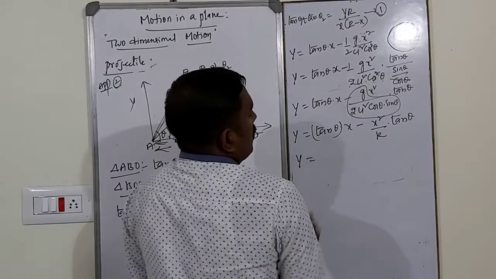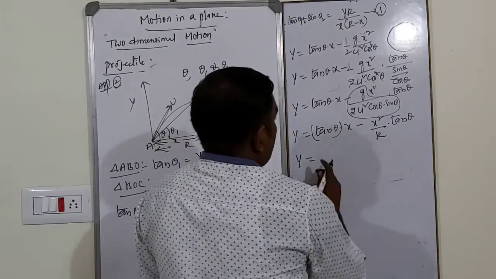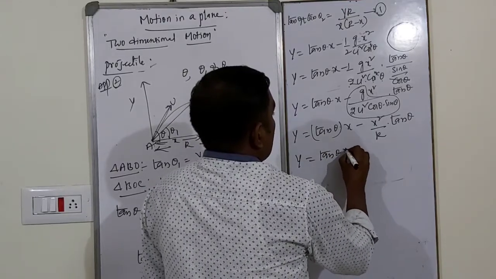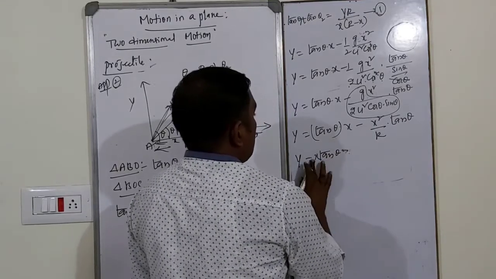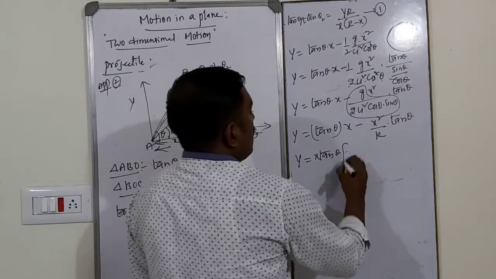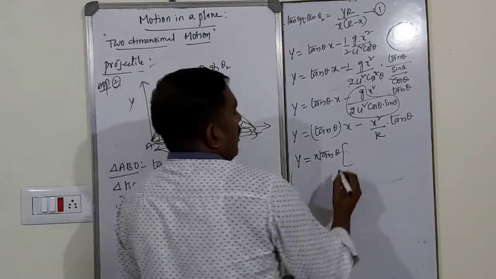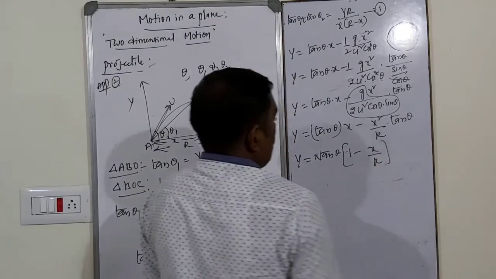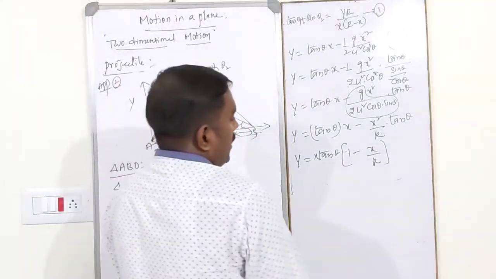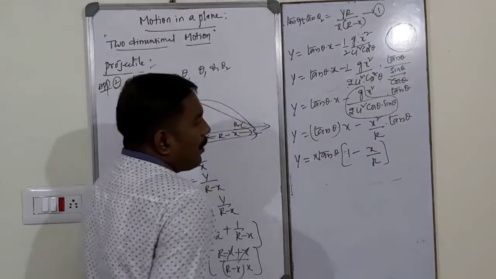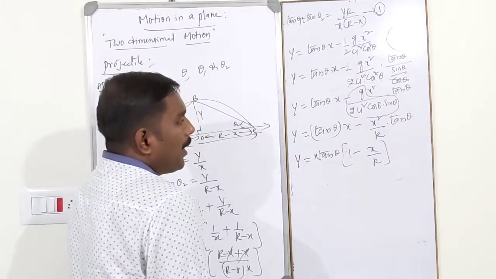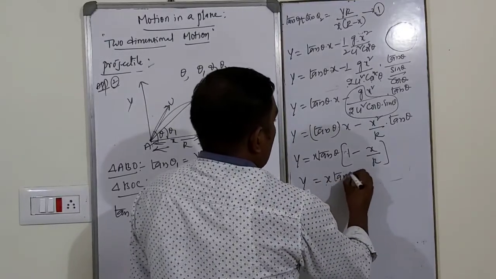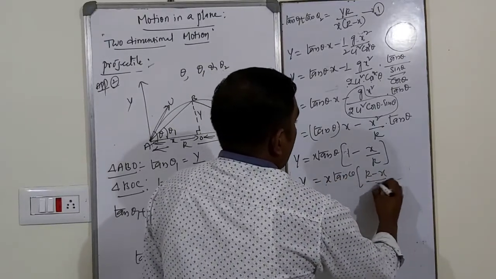Now y is equal to x tan theta common, 1 minus x by r. Correct? So tan theta is common, 1 minus x by r. Now y is equal to x tan theta times r minus x by r.